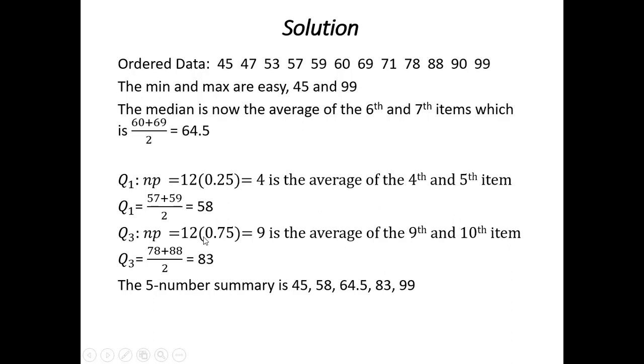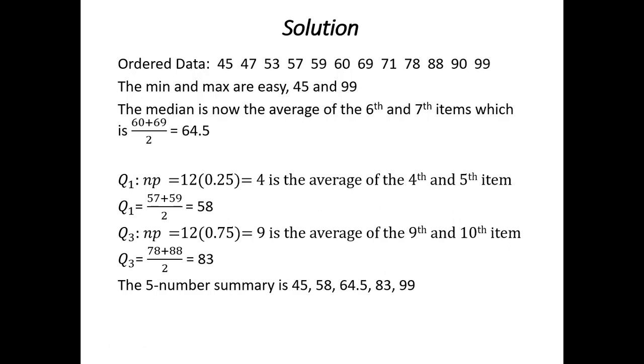For the third quartile, Q3, now my n times p is 12 times 0.75. Again, I get a whole number. This works out to be 9. I need to take the average of the 9th and 10th item in the list.